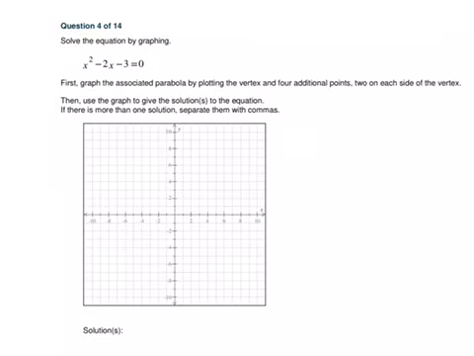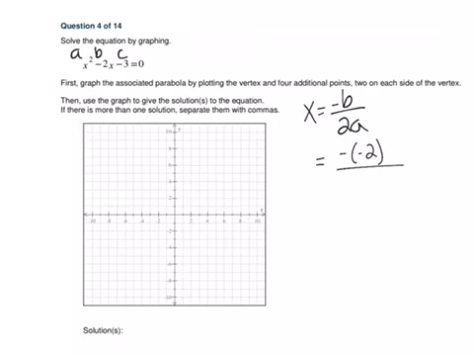So in order to graph this, just like we did in the previous problem, we have to do x equals negative b over 2a to be able to graph it, okay? We got to find the vertex. So remember a, b, c. So the b is negative 2, so you got negative, negative 2 all over 2 times a, which is 2. So in this one again, 2 divided by 2 is 1.